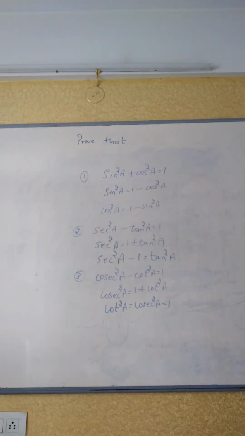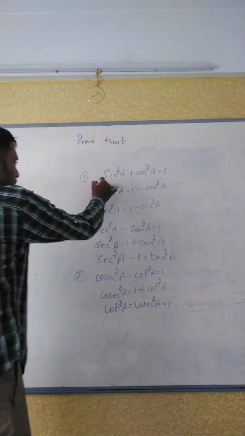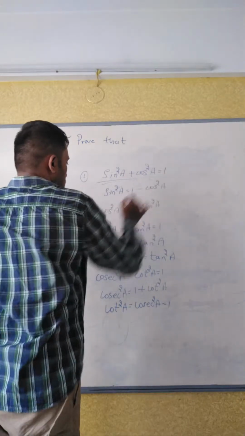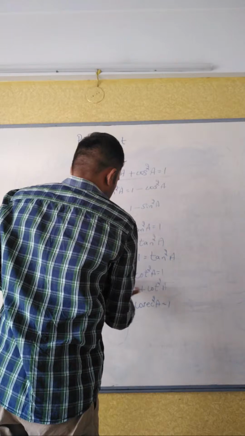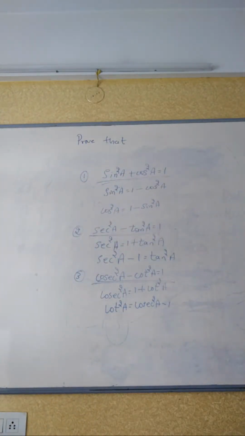These are the three major identities, which can be simplified to the below mentioned form. With that introduction, again I will continue with the next question.